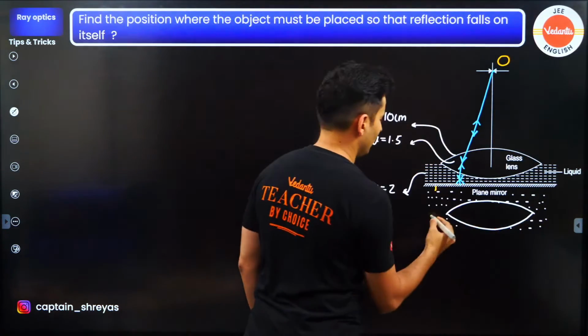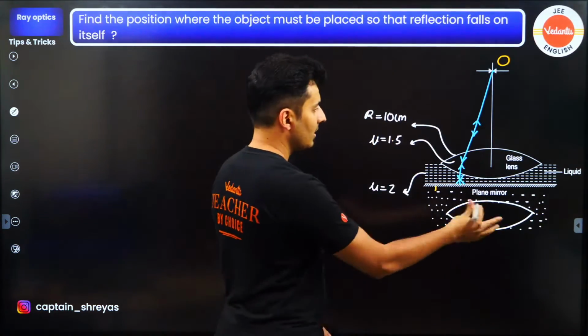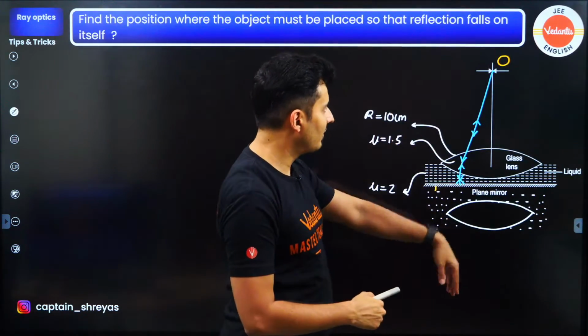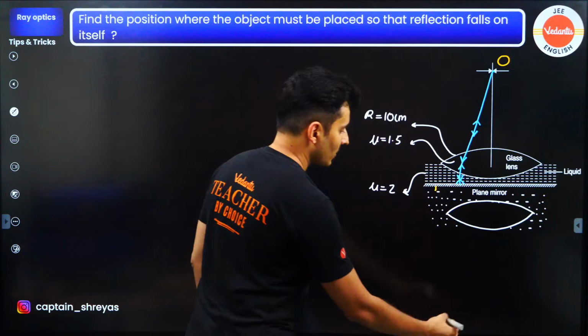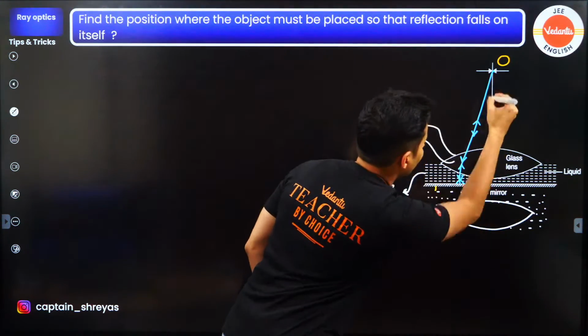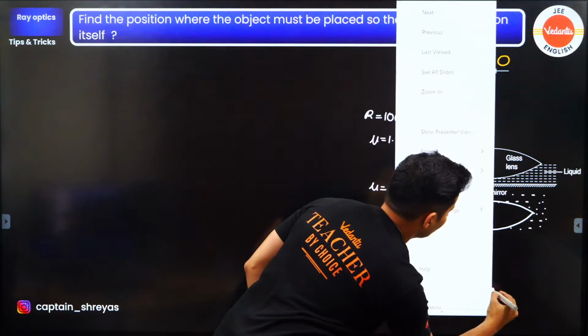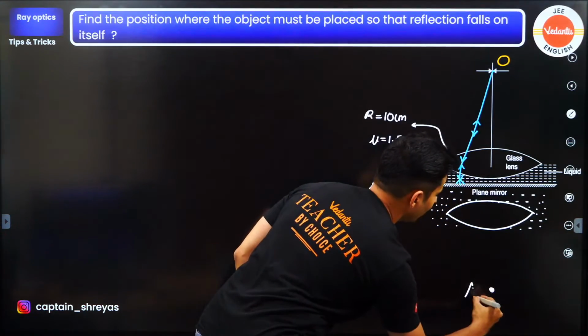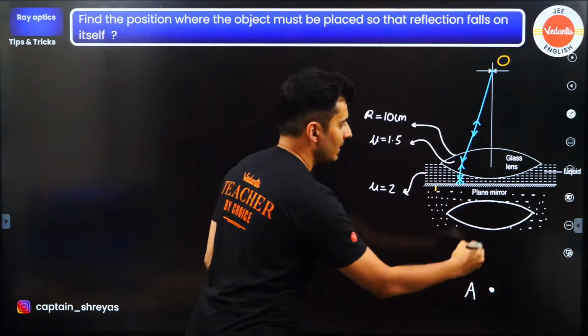Okay, beautiful. So this is our complete diagram, and it reflects whatever is there in the front. So this object's reflection will be formed exactly somewhere over here. I'm just going to call it as, let's say, point A, at exactly point A.